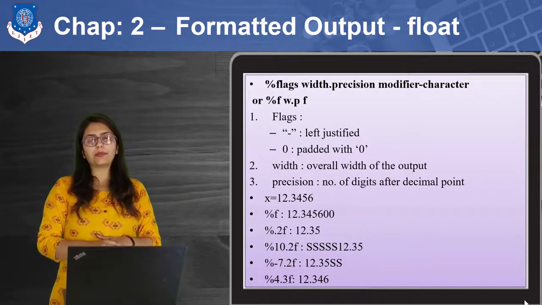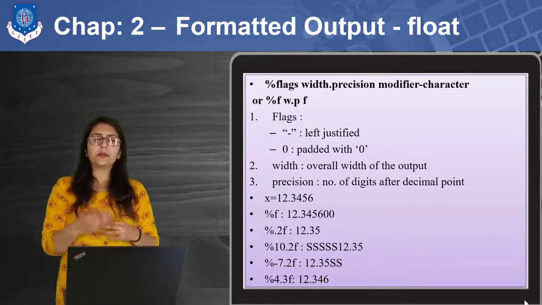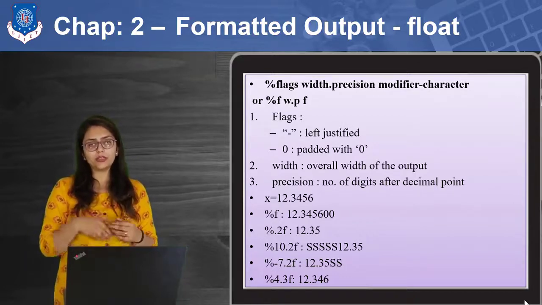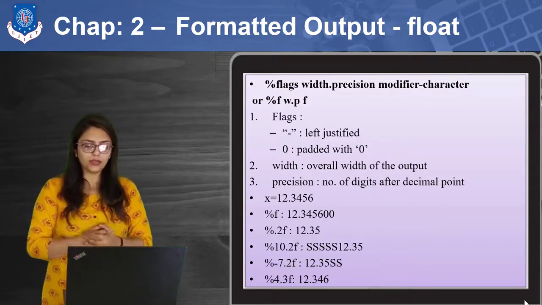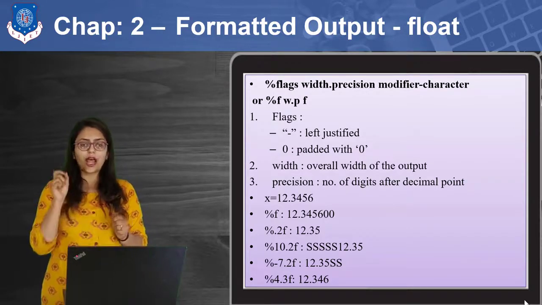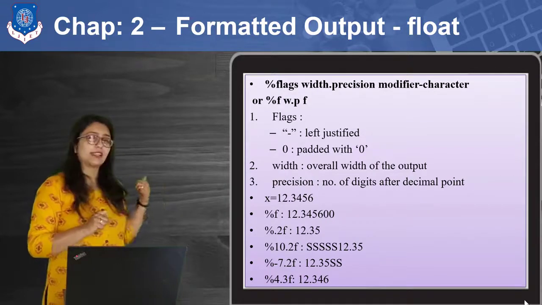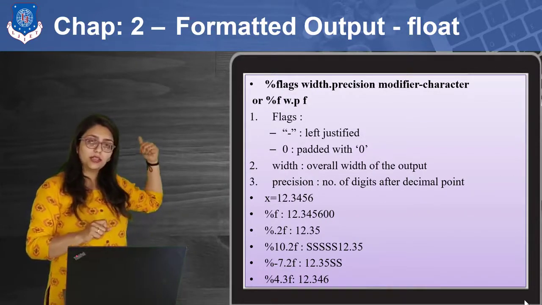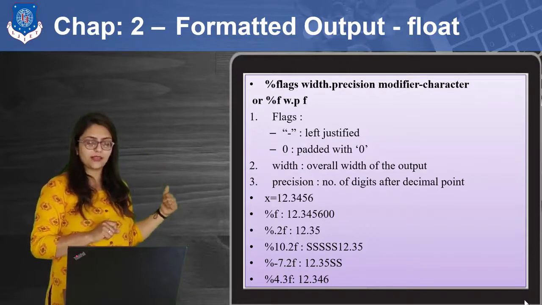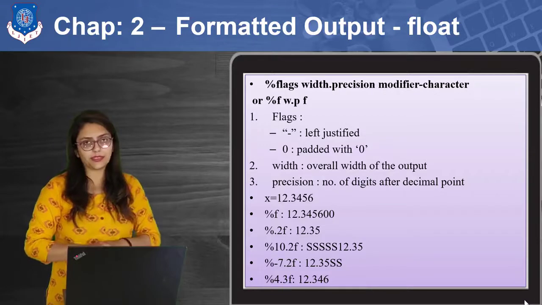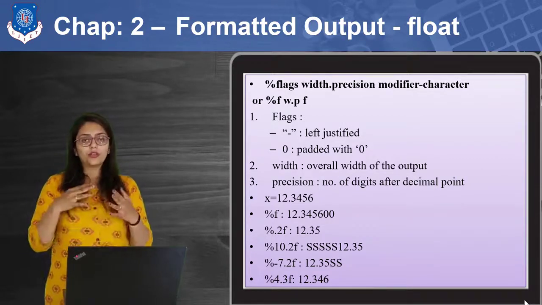And the last is %4.3f, which will print 12.346. So the answer is correct up to 3 decimal places. Please don't confuse the 6 in the answer with the 6 in the value of x. This 6 is because of the answer. The answer is correct up to 6 decimal places. So this is all about formatted output in case of float.